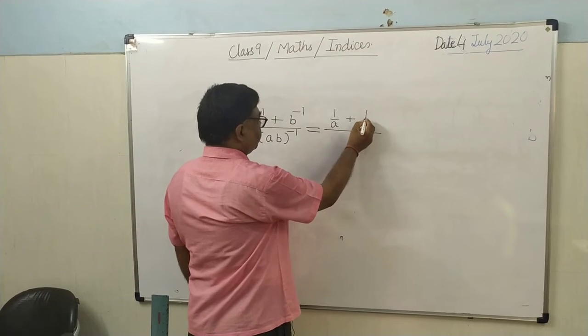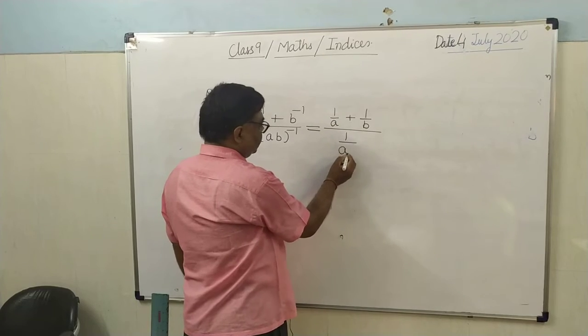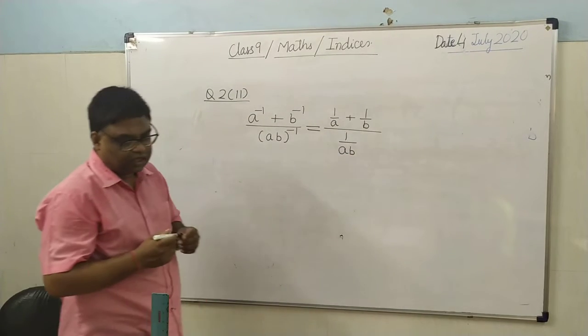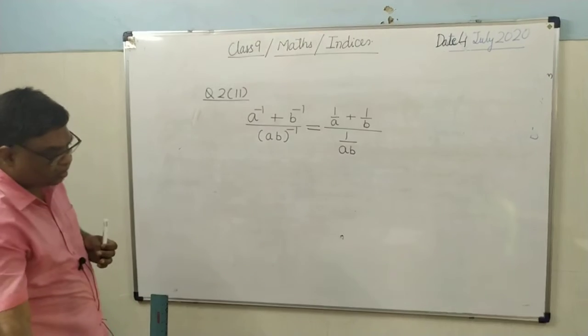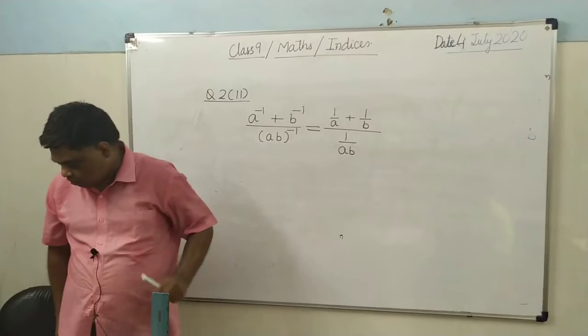Similarly, b to the power minus 1 is 1 upon b. It is 1 upon ab, because the power is 1, so there is no need to write the power. This point is clear.